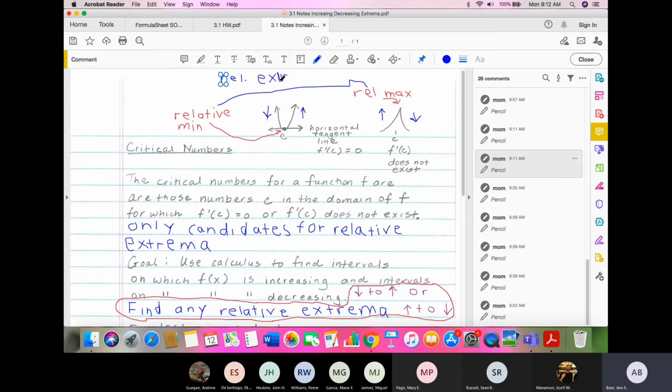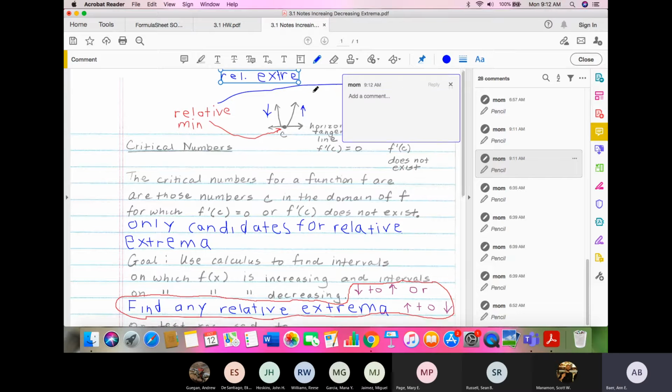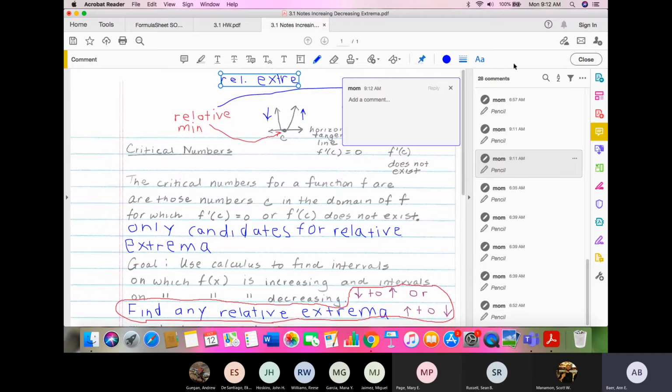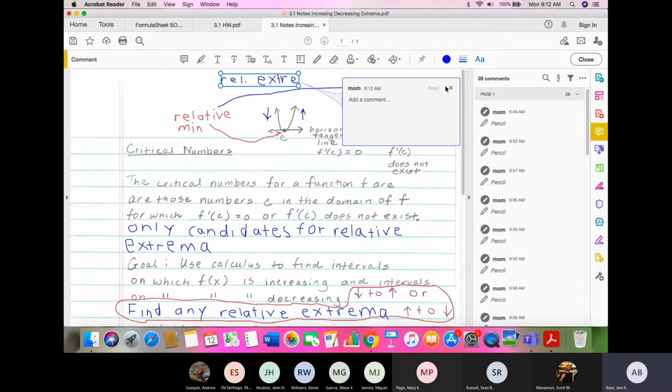I think I need a T in there. Whoops. Let me try to recenter myself again. That software kind of gets in the way. So that would be EXTREMA.